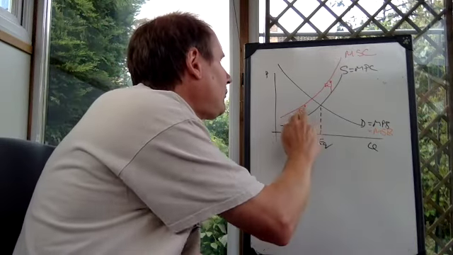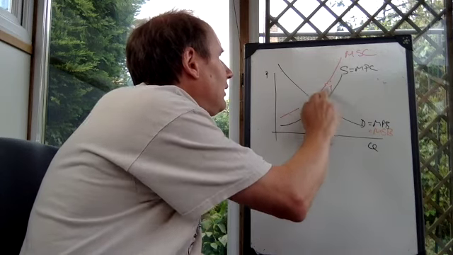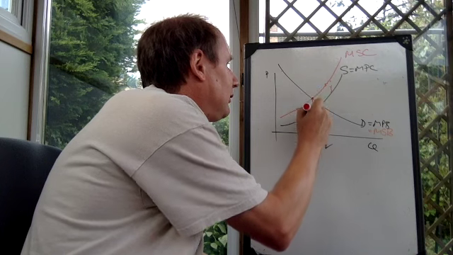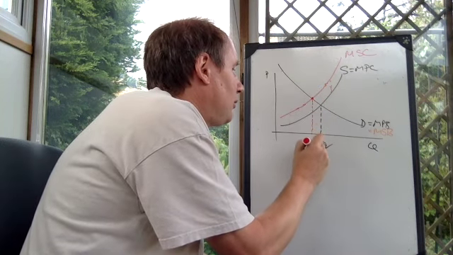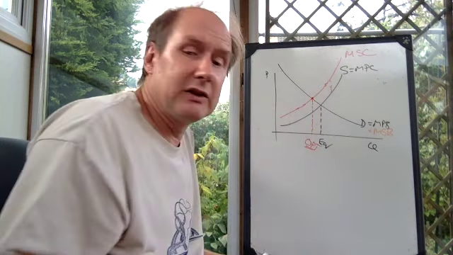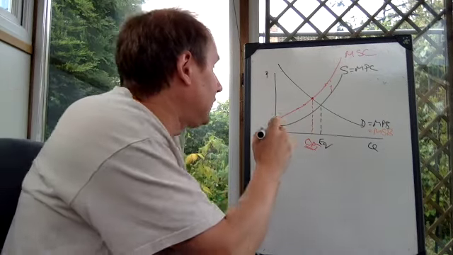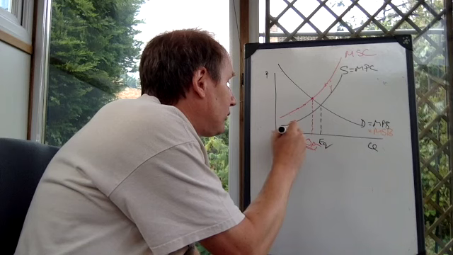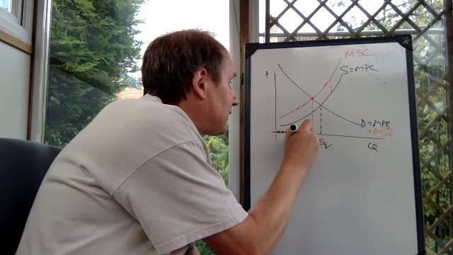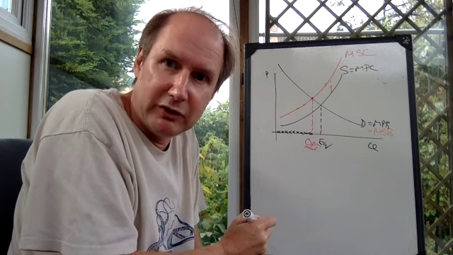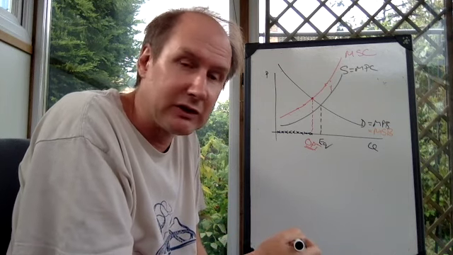So we want to be here. That is the optimal level. The reason that's the optimum level is that it's only the units up to here. We've got to look at each of these individual units, up to the optimum level, and see what they show us.